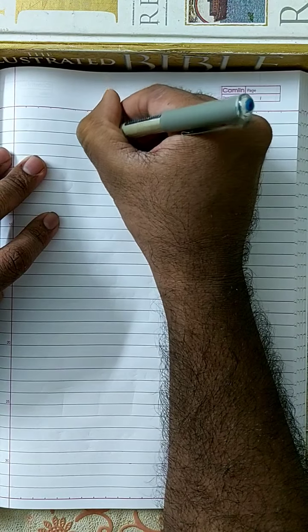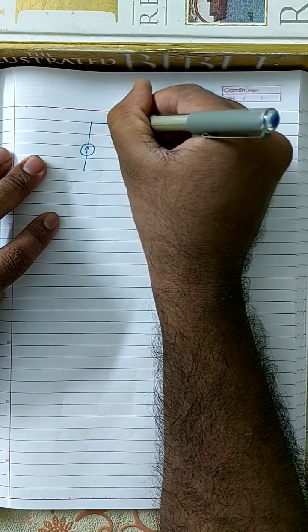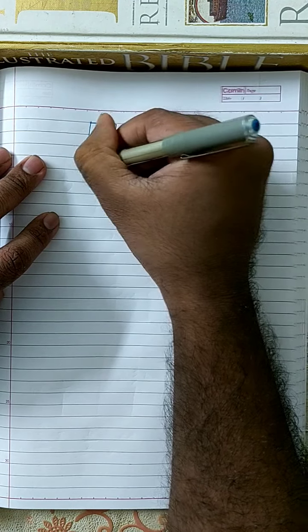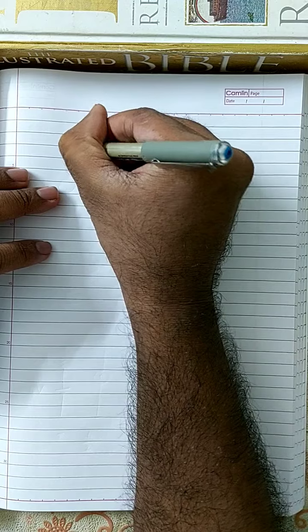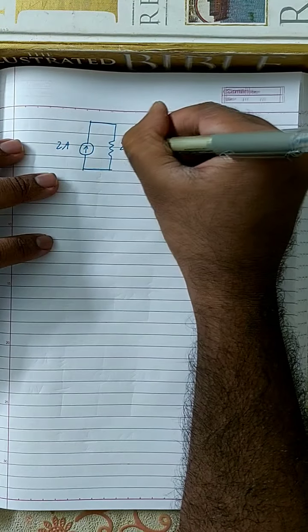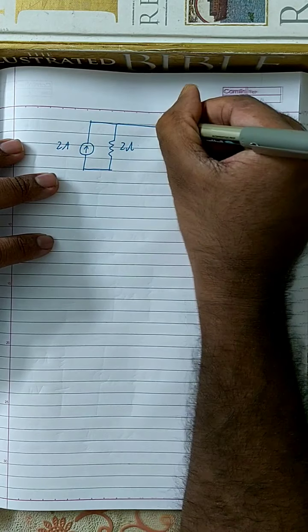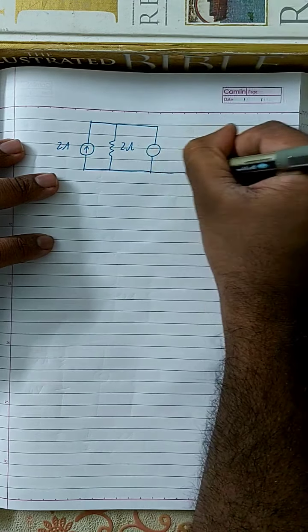Let me draw that current source in parallel with a resistor. The value of this current source is 2 amperes, and the resistor is 2 ohm. The rest of the circuit is the same.